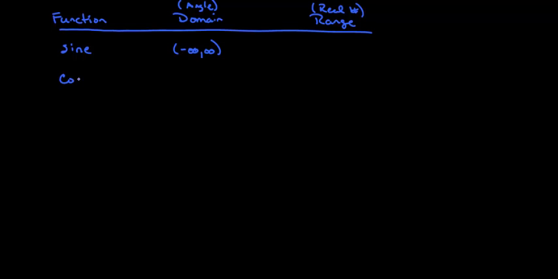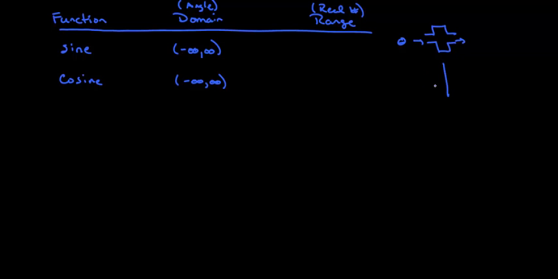In fact, the same thing for the cosine function. All possible angles can be plugged in. What about the range? Well, sine, the things that can come out of sine. If you think about sine as like a box, an angle, we'll call it theta, goes in. What comes out?